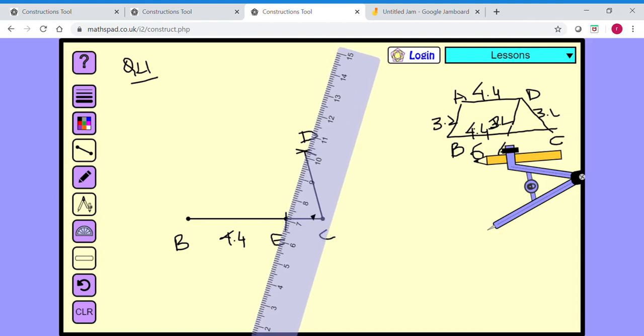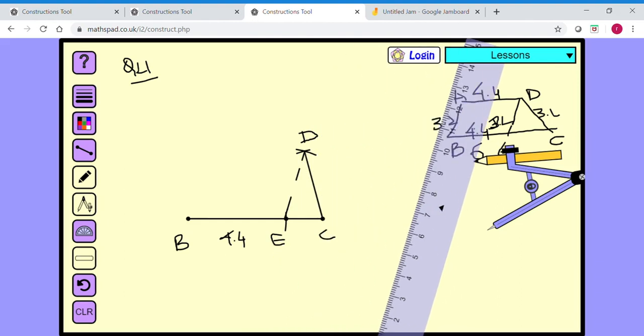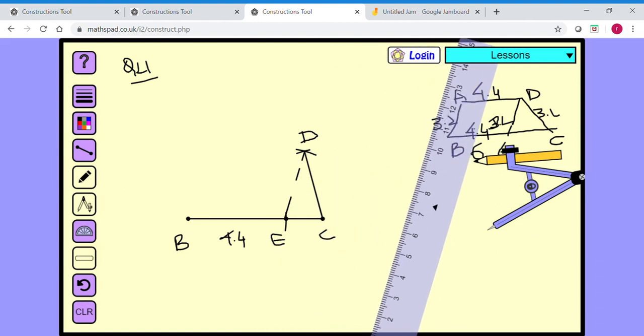Anyway, thanks to them, I am able to do this construction online while the lockdown is there. Perfect. One last small change. Perfect. So let me just draw this here. Done. And now I need to find point A.